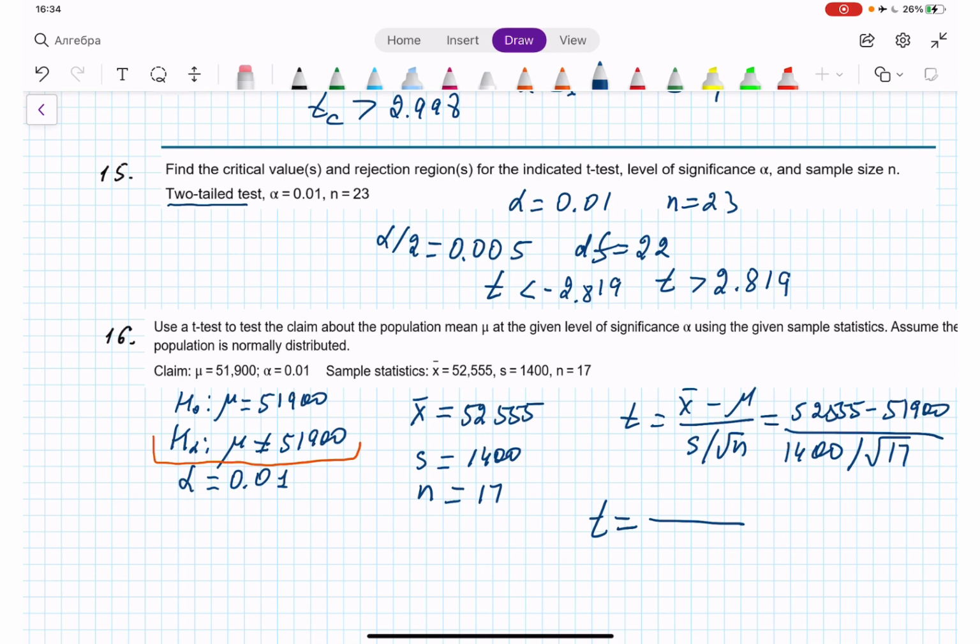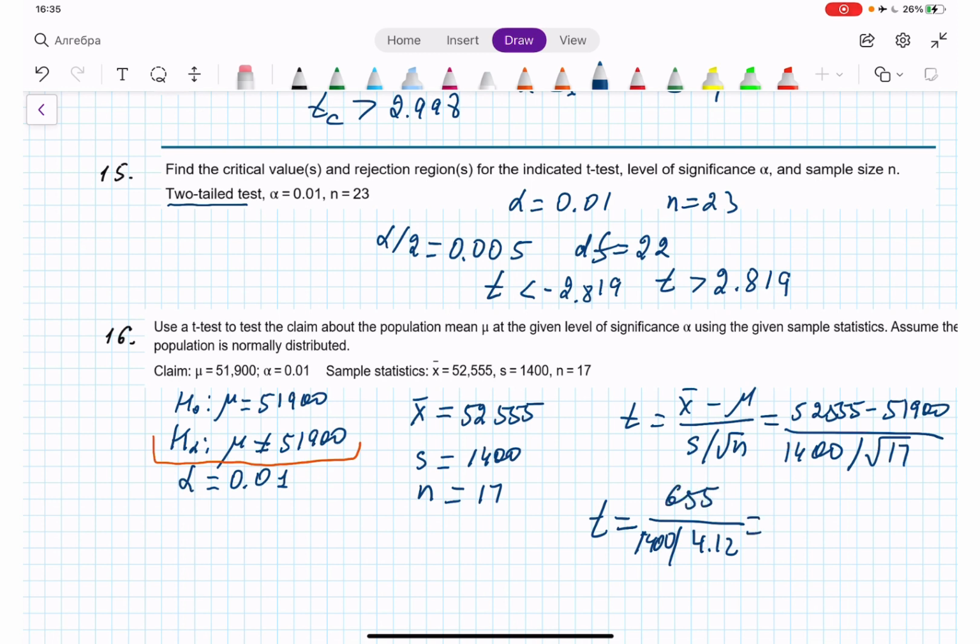Let me do the math. So square root of 17, I'm getting 4.12, and then 1,400, and here we have 52555 minus 51900, we are getting 655.